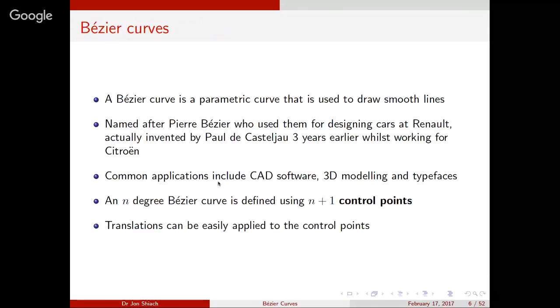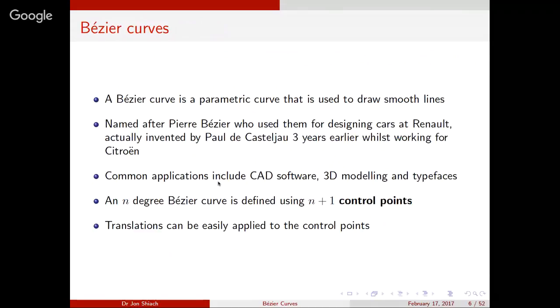Now what we have with the Bezier curve is we define it using a small number of what we call control points. We can have different degrees of Bezier curves. An n-degree Bezier curve is defined using n plus 1 control points. So if you want a quadratic curve, which is degree 2, you need 3 control points to define it.